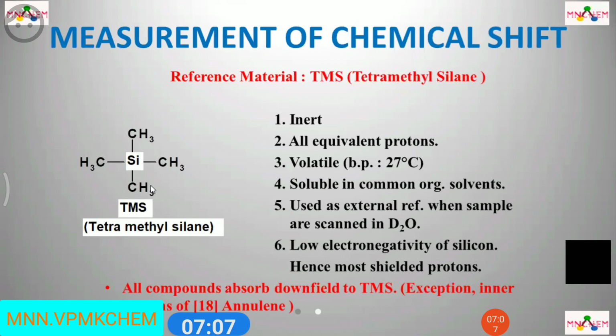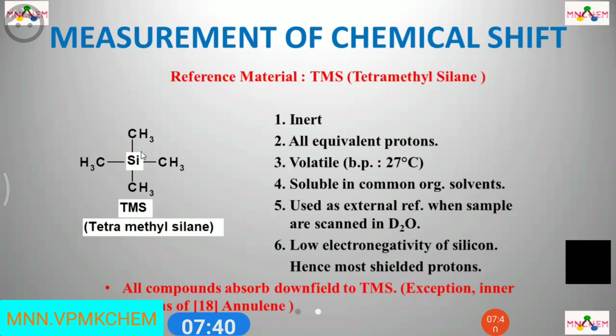It is used as an external reference when we do the D2O exchange experiments in the PMR spectrum. And most importantly, the silicon being less electronegative, all these 12 protons are highly shielded and appear at the extreme right hand side.